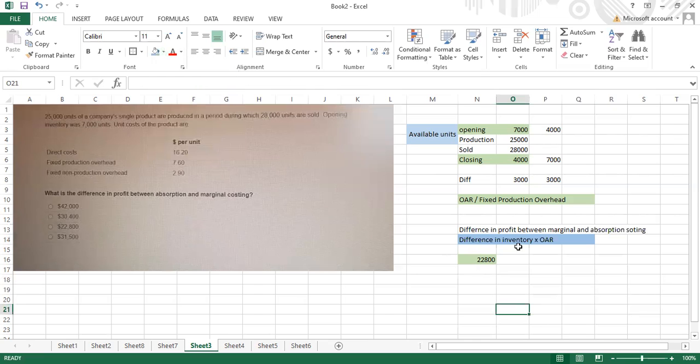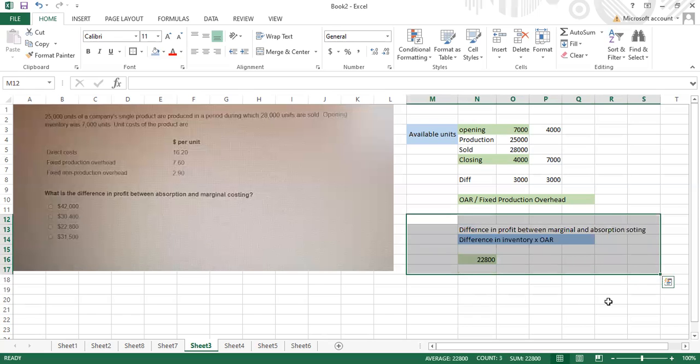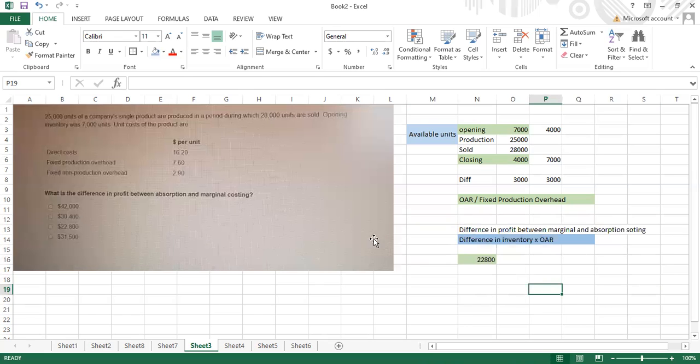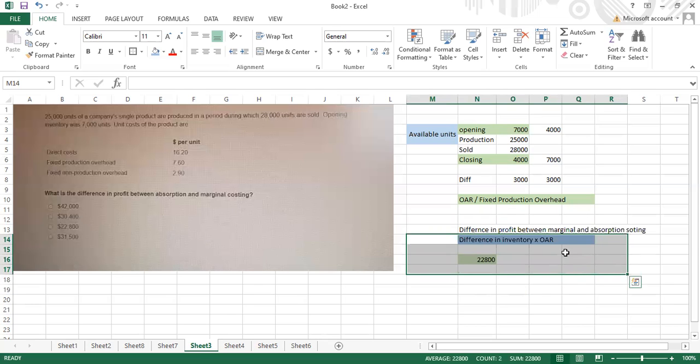What? Difference in inventory. This should be in your mind. First, I would say write this in the exam. When you see this, you would say difference in inventory, and difference in inventory is the opening and closing difference.